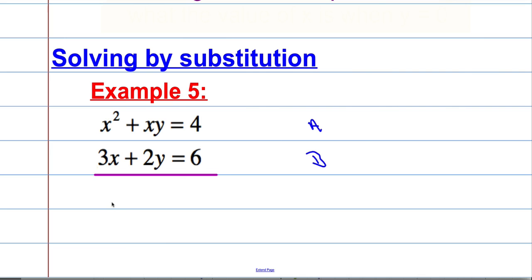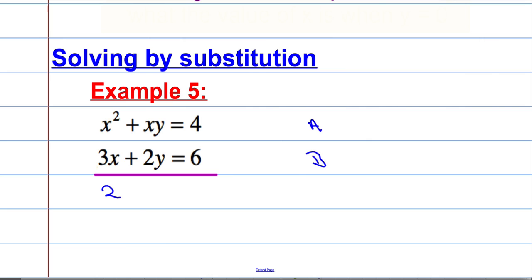Right, I'm going to manipulate equation B. In fact I'm not going to do 3x, I'm going to isolate y here.